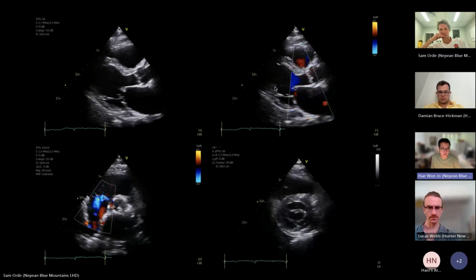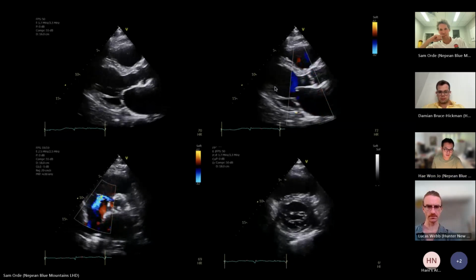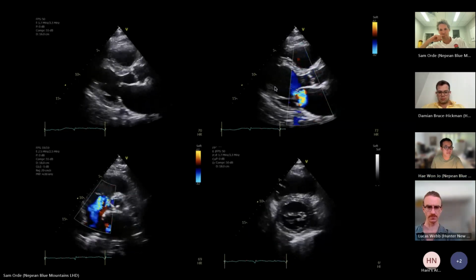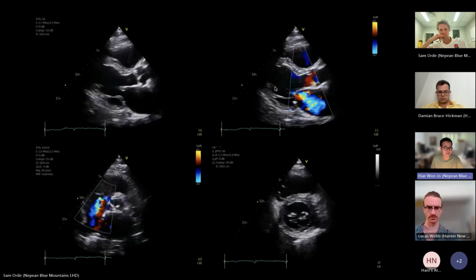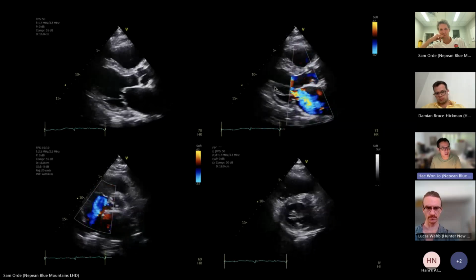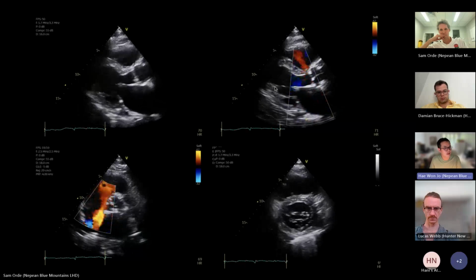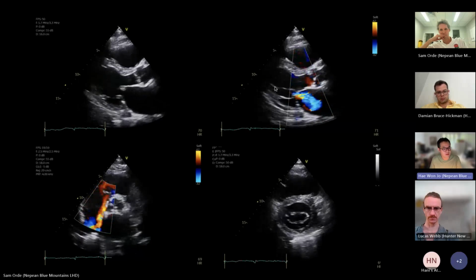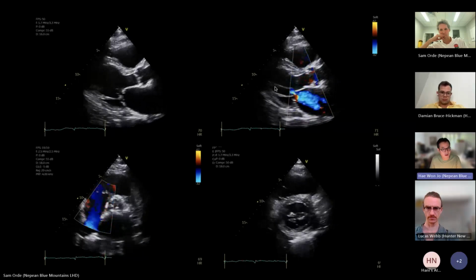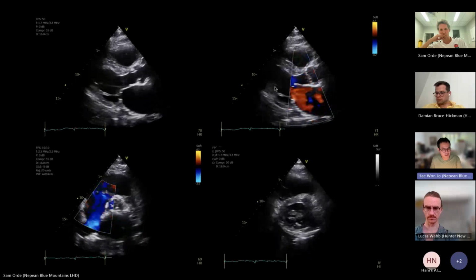Again, on this 2D and color flow Doppler, there are some concerning features. The LA looks enlarged. There is hypertrophy of the interventricular septum. There's MR, and there also seems to be significant TR as well.